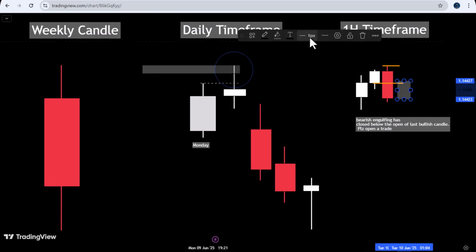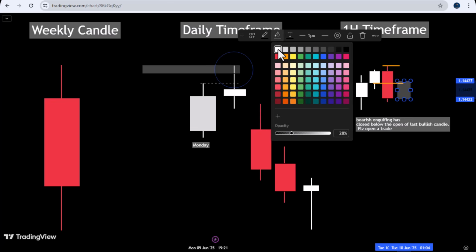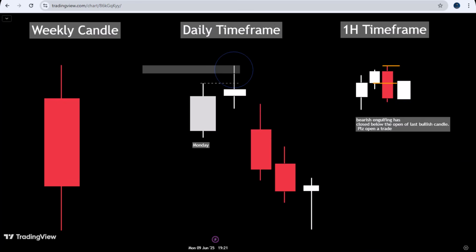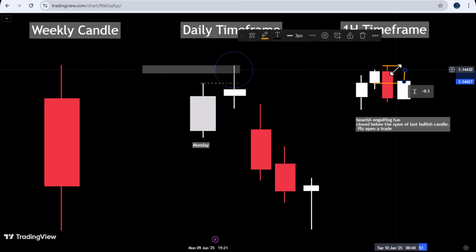So another candle may come to test it. Another bullish candle may come to test it to the extreme, maybe. It may even come back to test the rejection block.